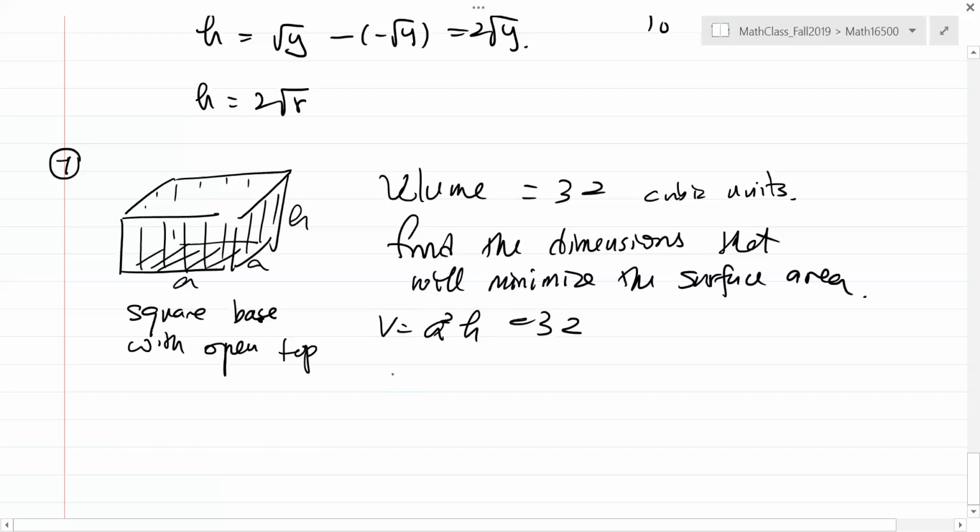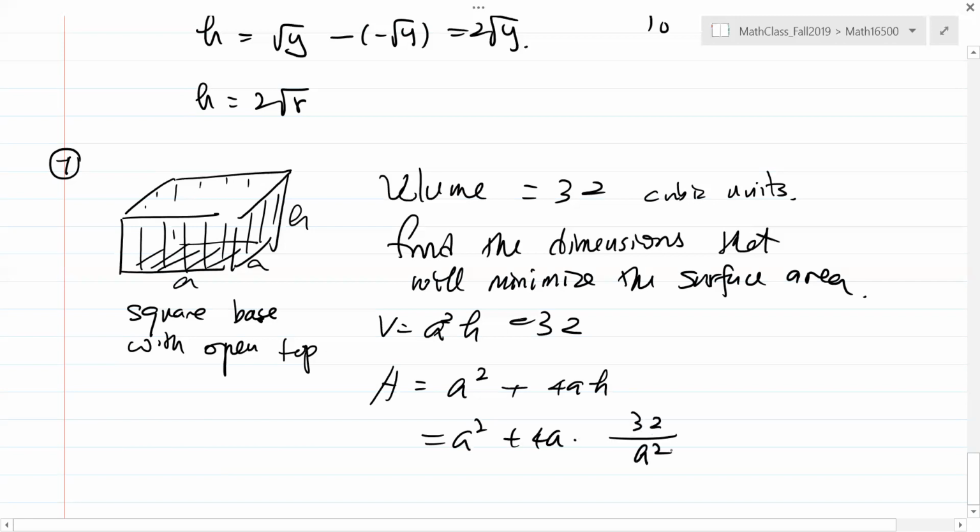The surface area is going to be the base, A squared, and you have 4 identical sides, A times H, so 4AH. And then clearly, I should solve for H in terms of A from the first equation. So H is going to be 32 over A squared.